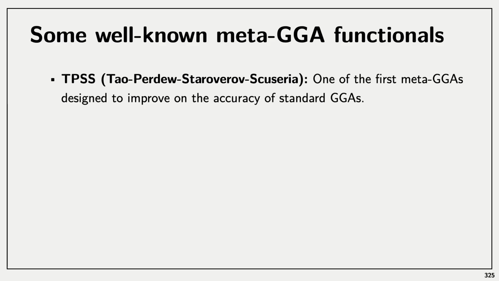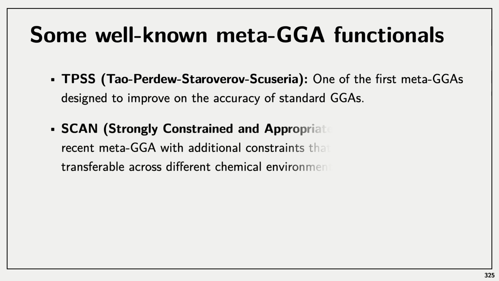One of the nice things with TPSS is that it demonstrated that you can improve upon GGA without a crazy cost. One meta-GGA that's fairly popular right now is the SCAN functional, and you will notice that in this case, SCAN does not stand for the first letters of the authors, but instead means strongly constrained and appropriately normed functional.